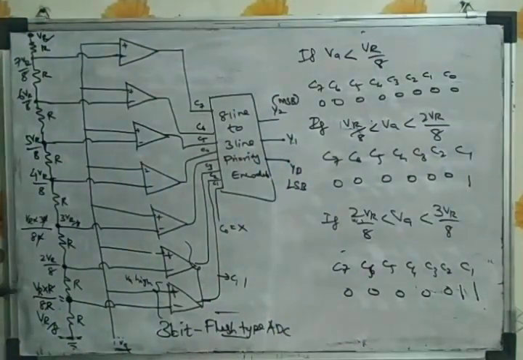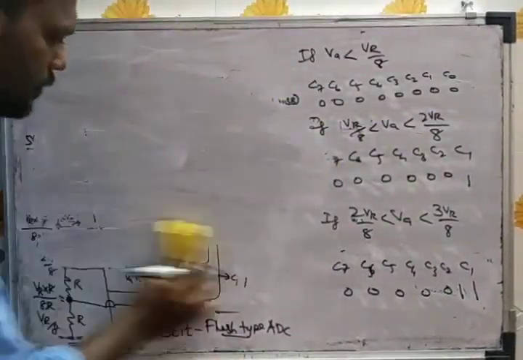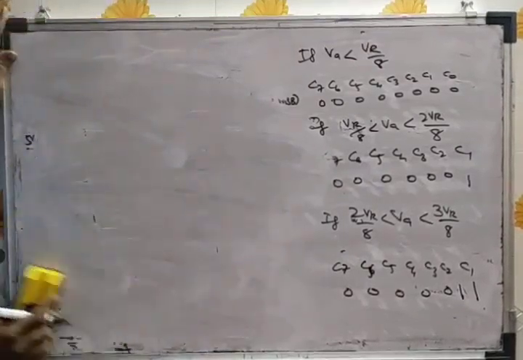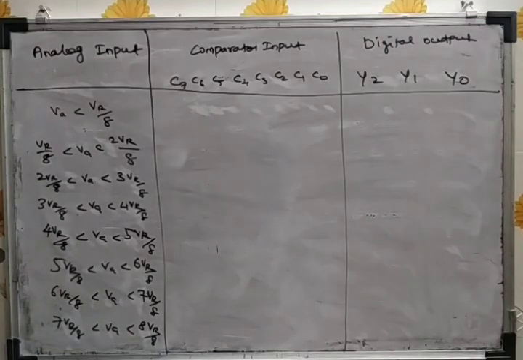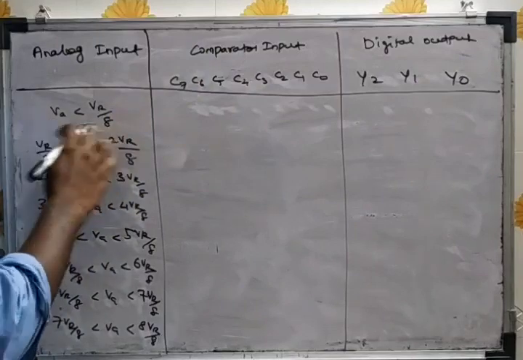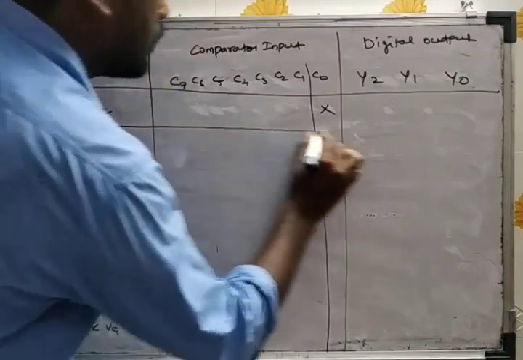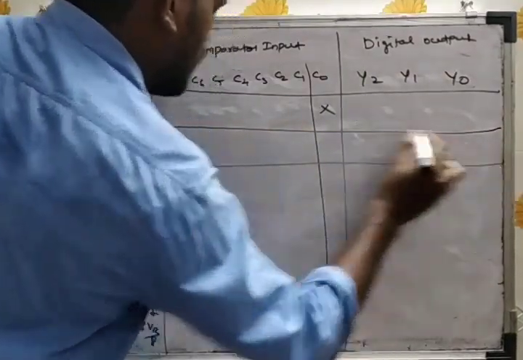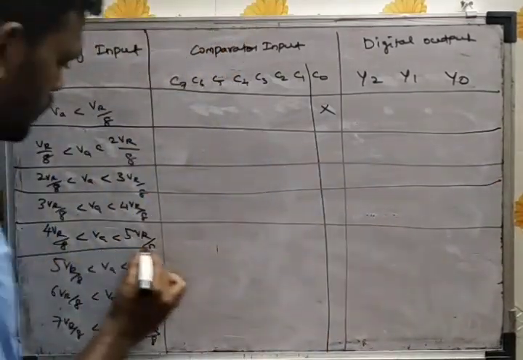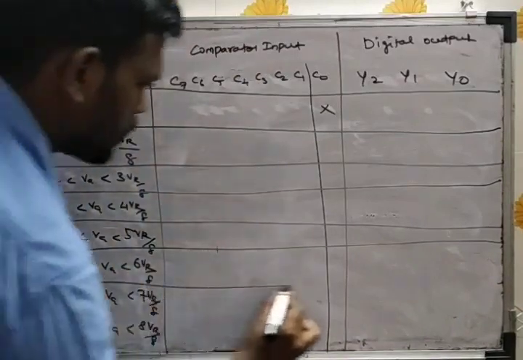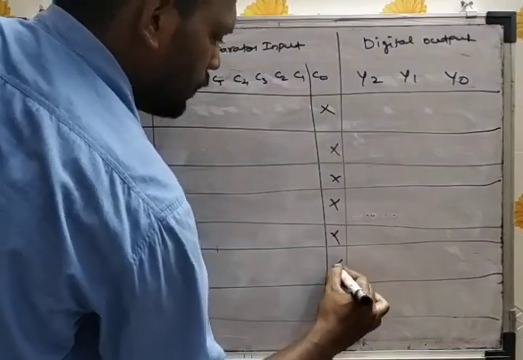So let me see the truth table for this. In C0 we are assuming don't care for all voltages. This is the don't care value.